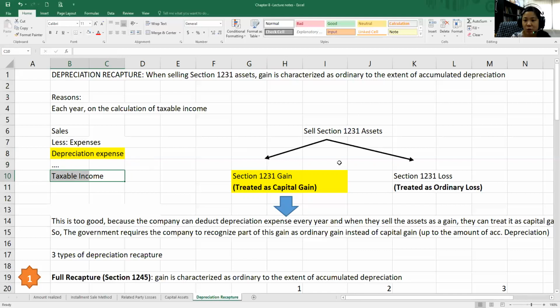And now, when you sell the Section 1231 assets at a gain, right? Then you treat it as capital gain, and it can help you to absorb the capital loss.